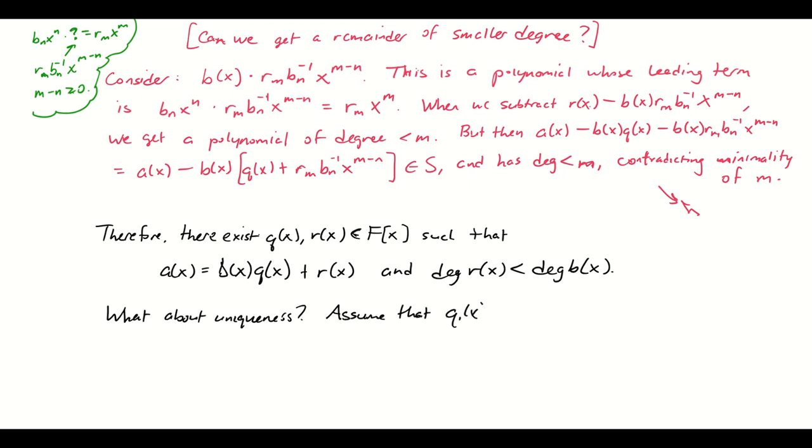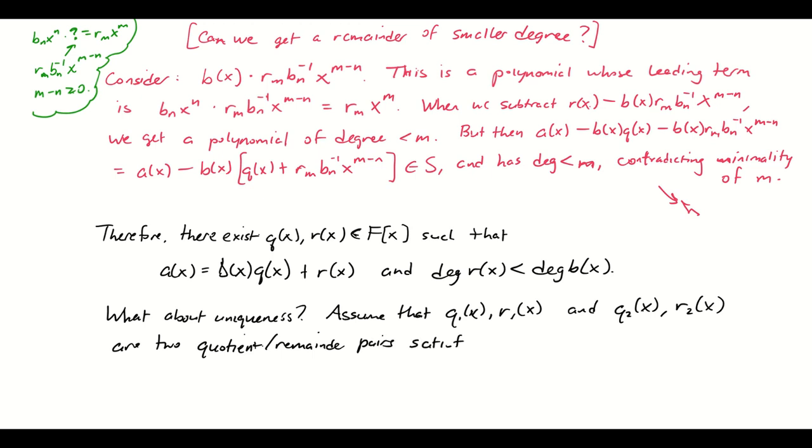that q1 of x and r1 of x and q2 of x, r2 of x are two quotient remainder pairs satisfying the conditions of the theorem.